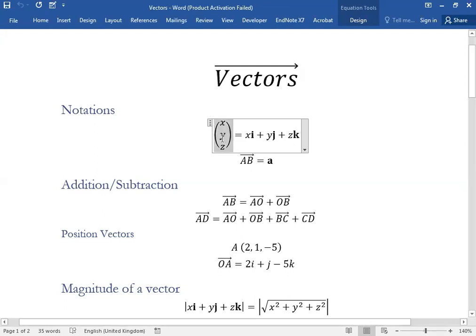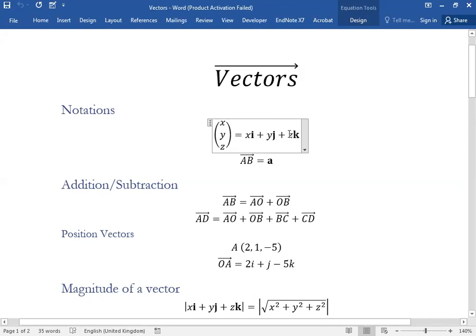One is writing them as a column matrix or a column vector in which the topmost is the movement in x, and then it's the movement in y, and then it's the movement in z. The same column vector can be written in Cartesian form, in this way: xi plus yj plus zk.